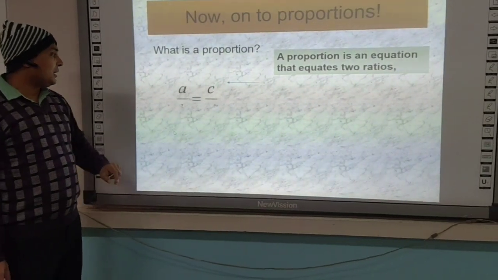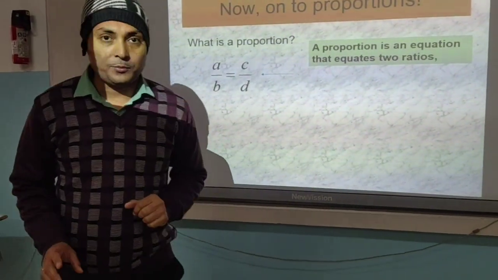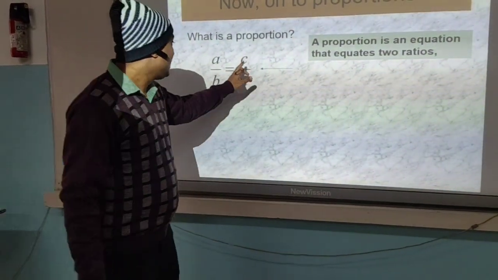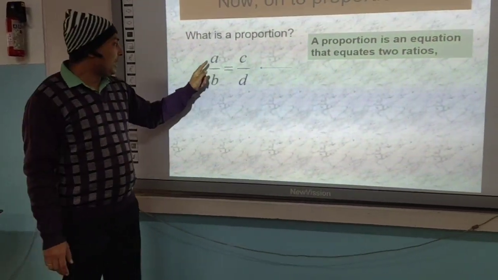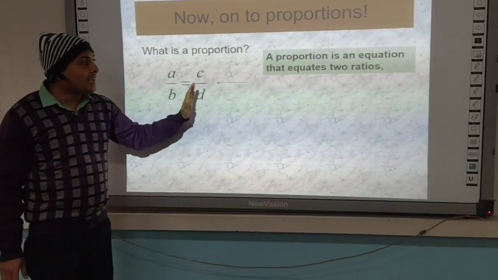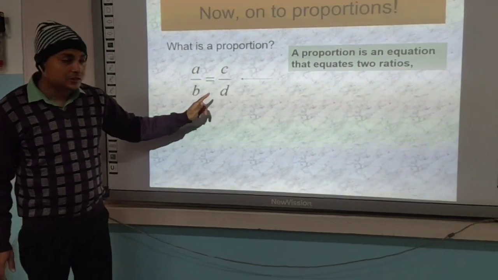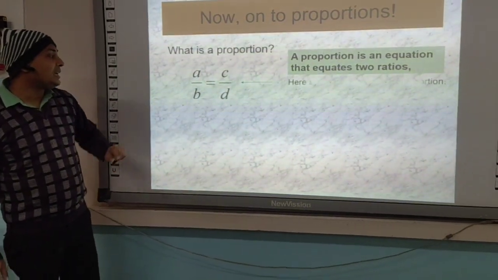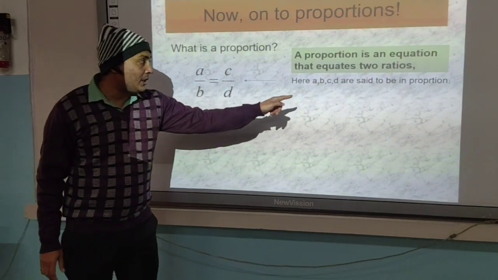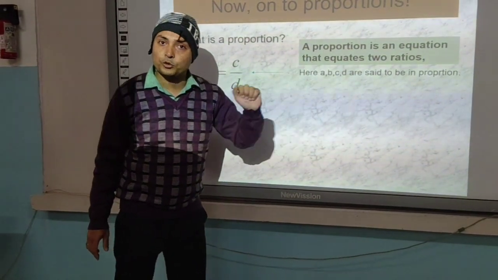See, I have taken one ratio A upon B. Another one I have taken C upon D. So A upon B is equal to C upon D. They are equal ratios according to this equation. So now we can say they are in proportion. Means here A, B, C, D are said to be in proportion.